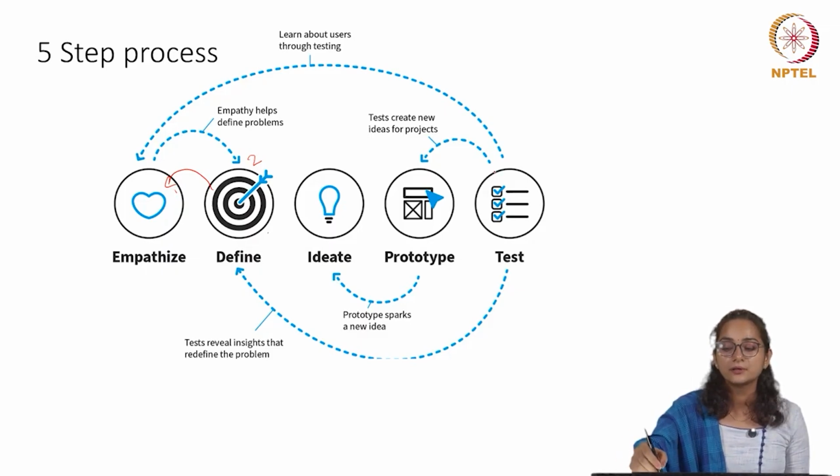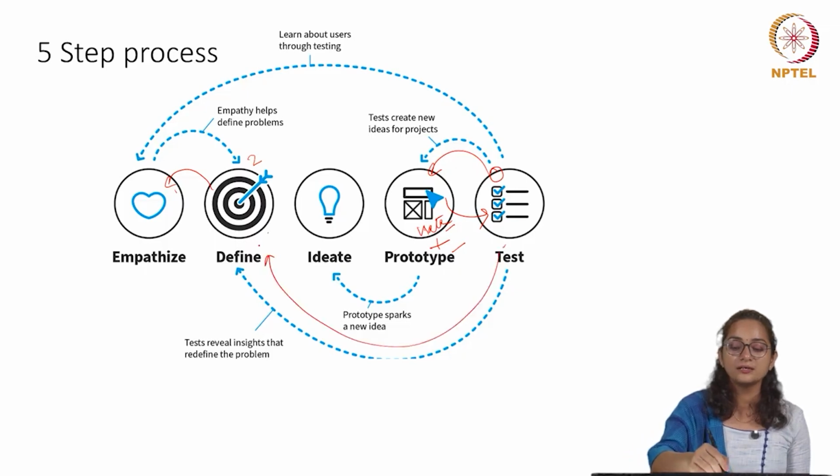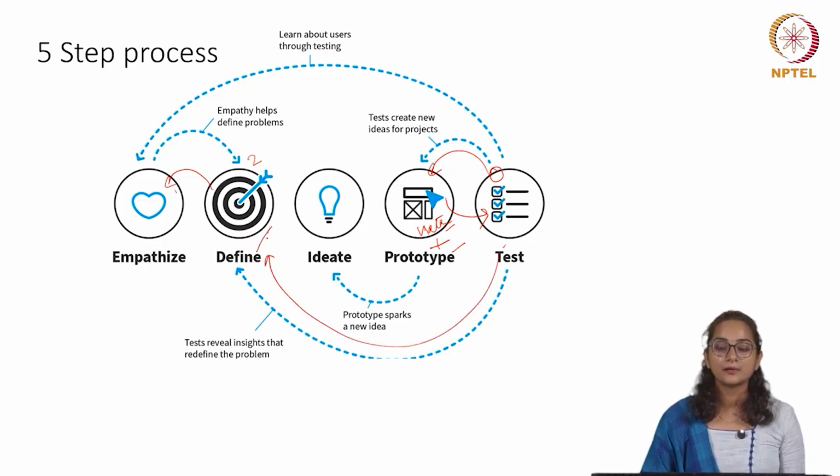Similarly, if during the testing phase we realize that there are several use cases or features which are not working, which are not answering the user needs as required, we can go back to the prototyping phase, maybe use other materials, add more features, subtract some features, and take it back to the users. Or we can also go back to the drawing board and redefine the problem itself.